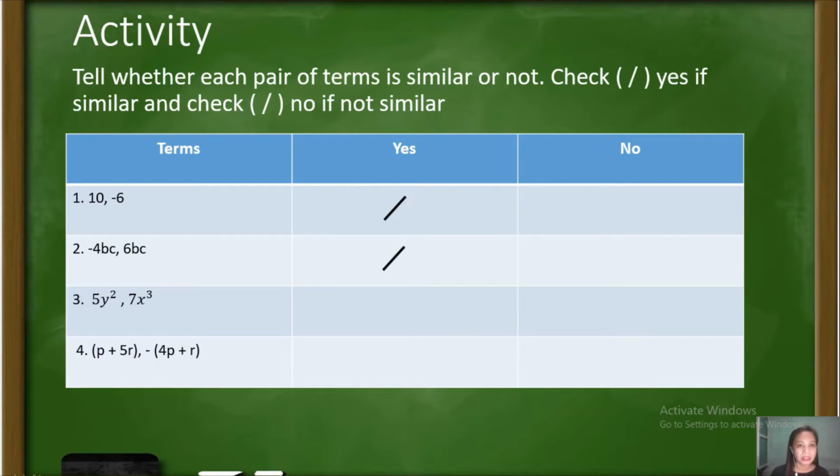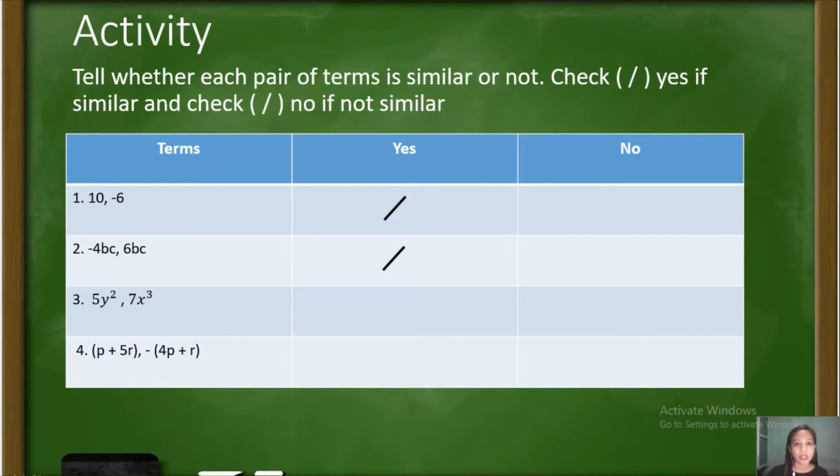B and C. For number 3, the terms 5y squared and 7x cubed. Are they similar or not? The term 5y squared, ang variable niya is y and the power is 2. And the term 7x cubed, the variable is x and the exponent is 3.